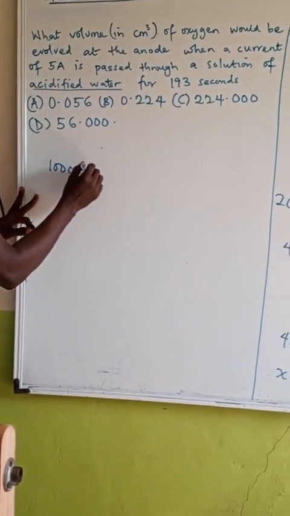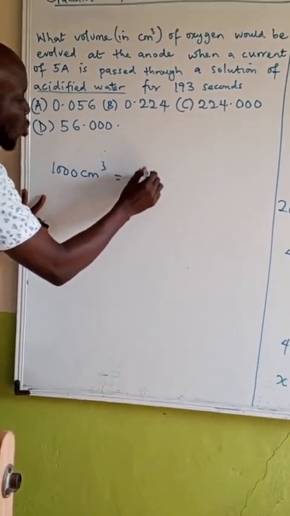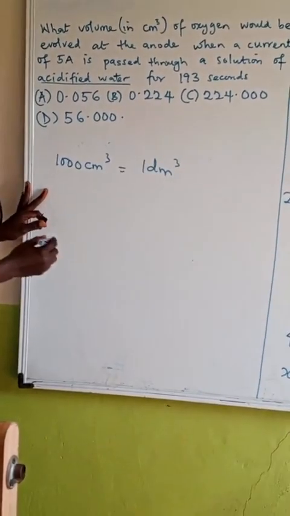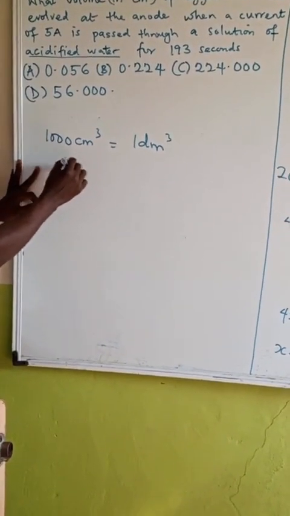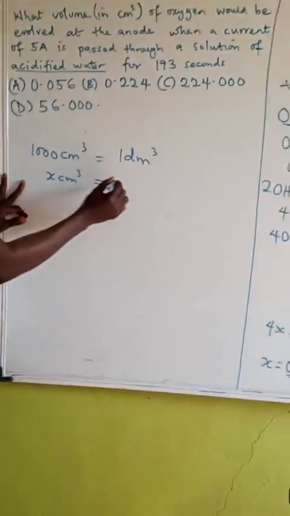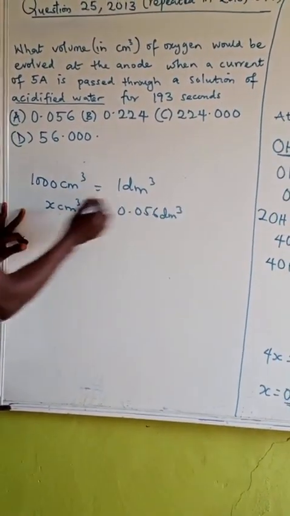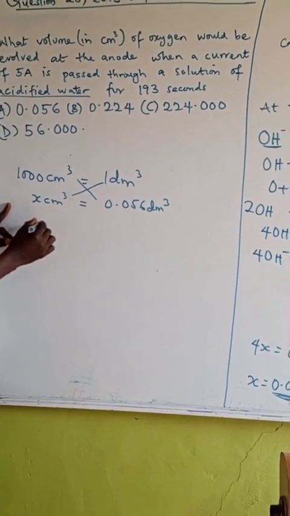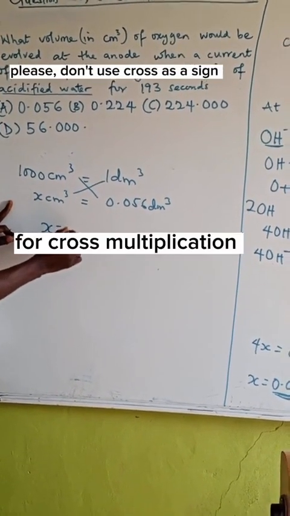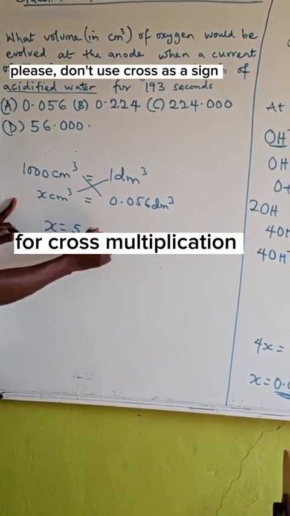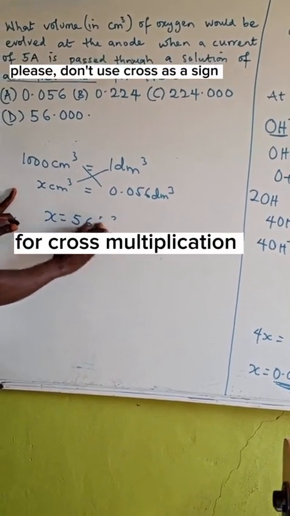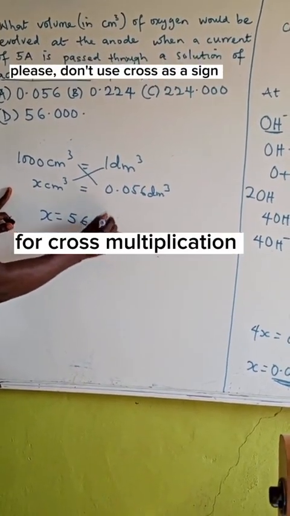1000 cm cube is equivalent to 1 dm cube. Then x cm cube will be equal to 0.056 dm cube. When you cross multiply, your x will be equal to 56 cm cube.